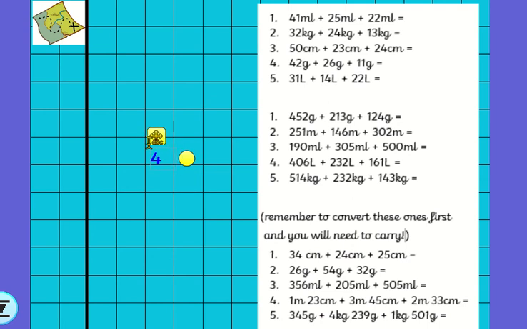So let's say we were doing 46 add 25. If we are carrying over, if we are exchanging across, you need to think. So 6 add 5 is 11. But I can't put 11 here because this is the ones column. So I'm going to put the ones, because the ones value in 11 is 1.